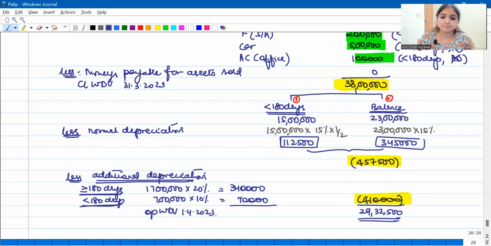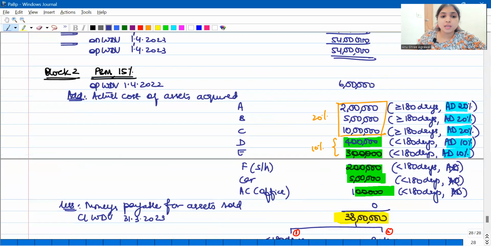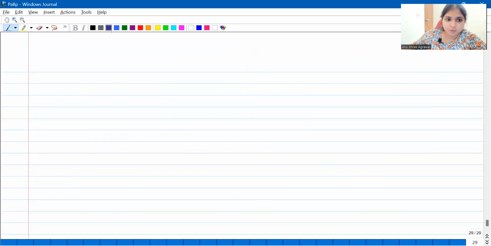Done, everybody? Got it? So additional depreciation, only on the new assets you had additional depreciation. Some of them full 20%, some of them 10%, but don't worry, the balance 10% you will get in the next year.